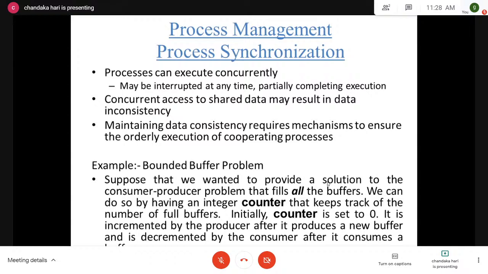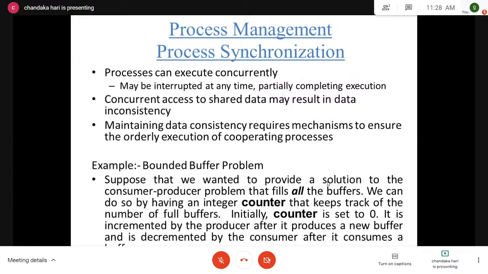Multiple processes are residing in your computer system and they are all executing. Their execution is classified into two categories. Number one is called independent process organization. Number two is called cooperative process organization. This was already done in the last class.